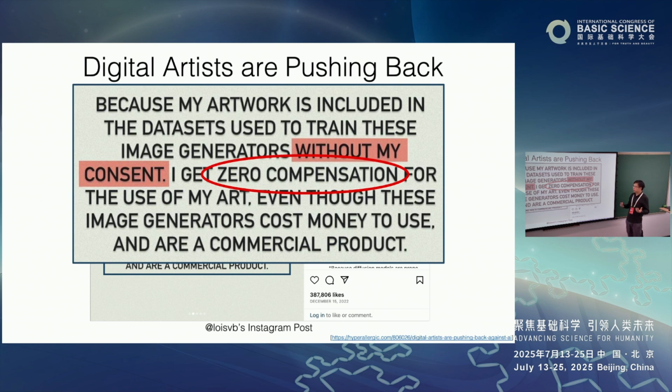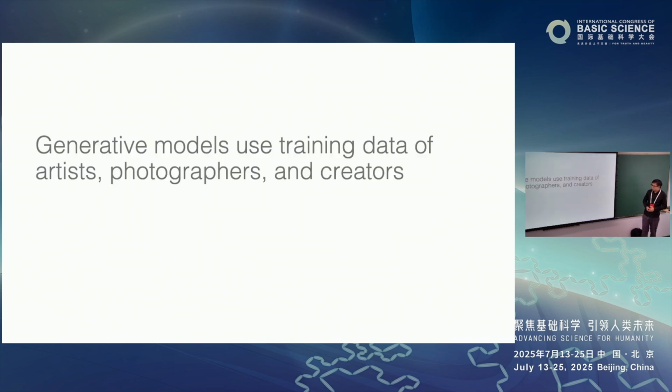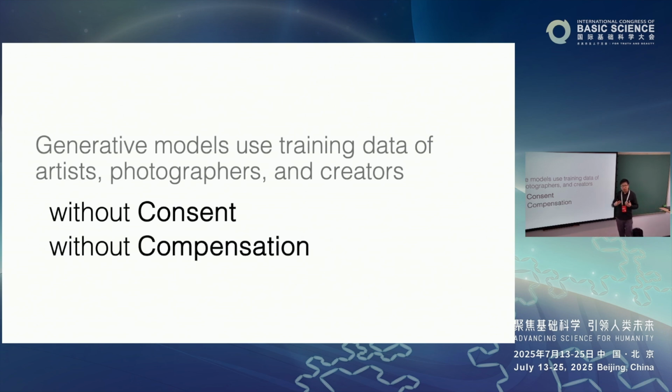So now, if you reduce their income, they can barely support their families in some sense. So in short, the generative model uses training data of artists, photographers, and creators without their consent, and also without paying them, or even without giving them credits, right?